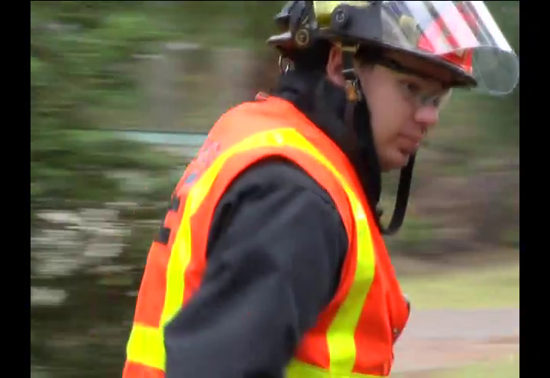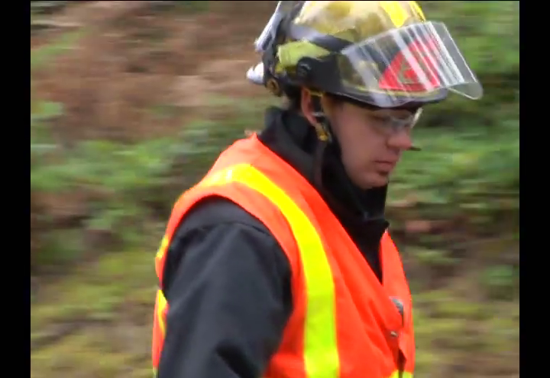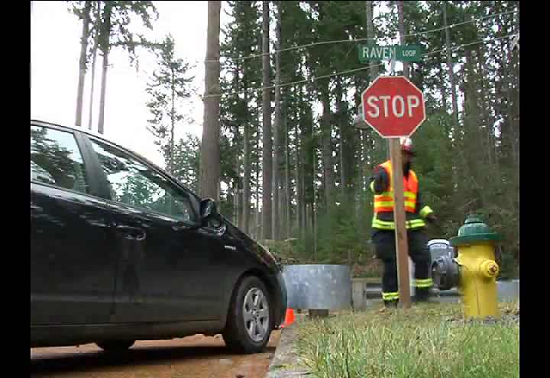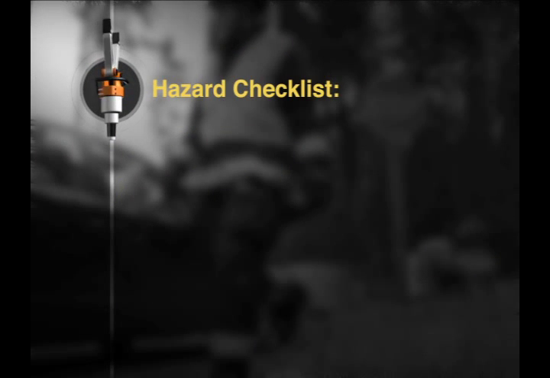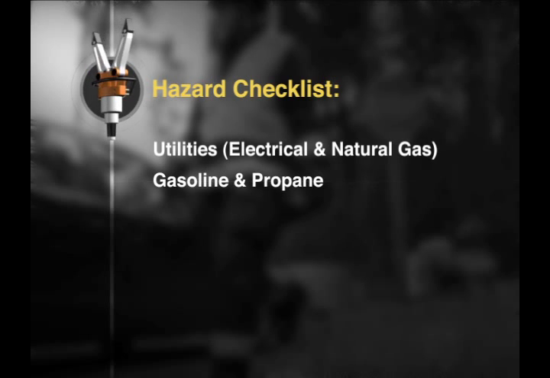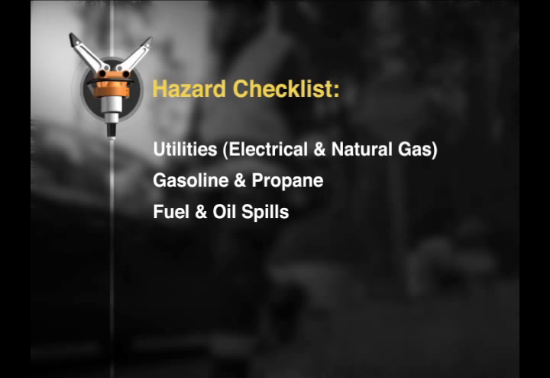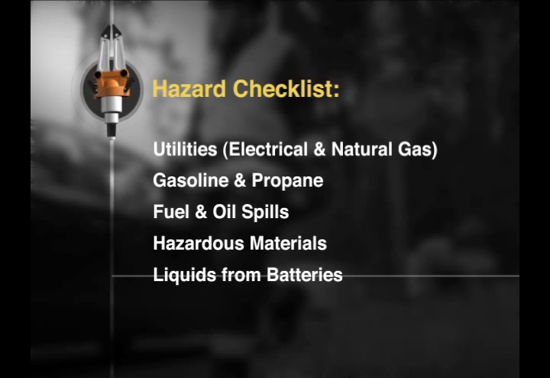In addition to locating victims, there are many hazards you need to identify during the 360. Forming a mental checklist can help eliminate oversight. Hazards to include on this checklist are utilities, including electrical and natural gas services, gasoline and propane, fuel and oil spills, and hazardous materials, as well as liquids leaking from batteries.